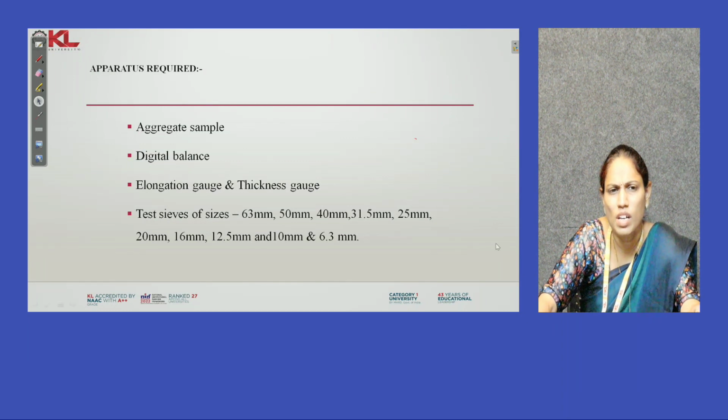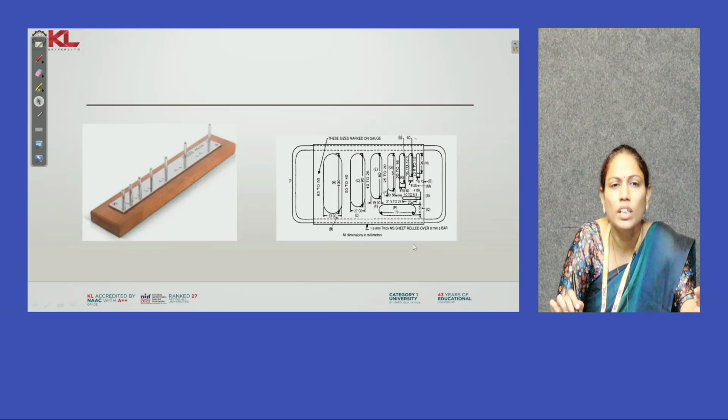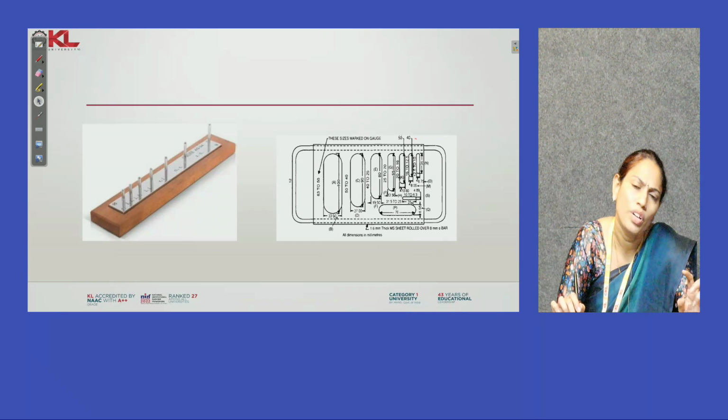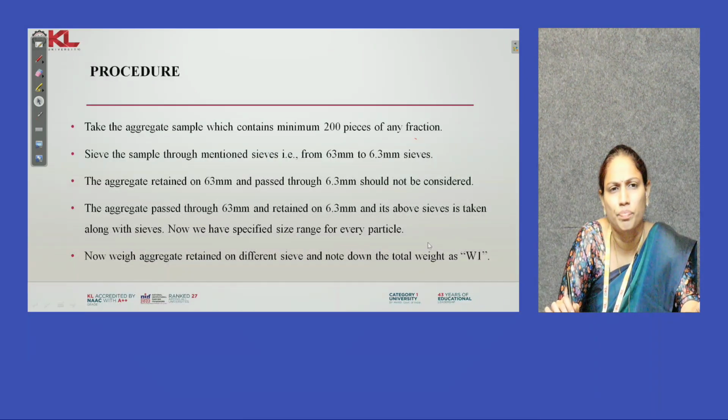The apparatus is the elongation gauge, which we also call the thickness gauge. Based on the thickness of the aggregate, we choose in which range the percentage is more, and based on that, we choose that aggregate. So this is the thickness gauge where we insert the aggregate through it, and we take the values.